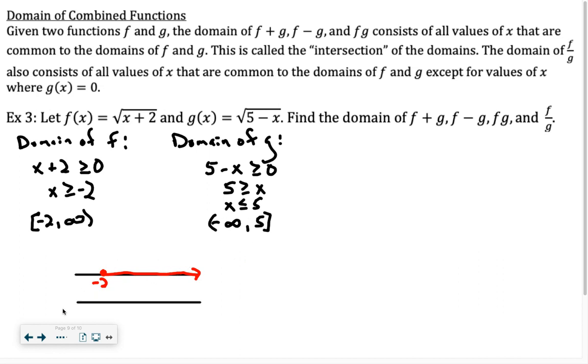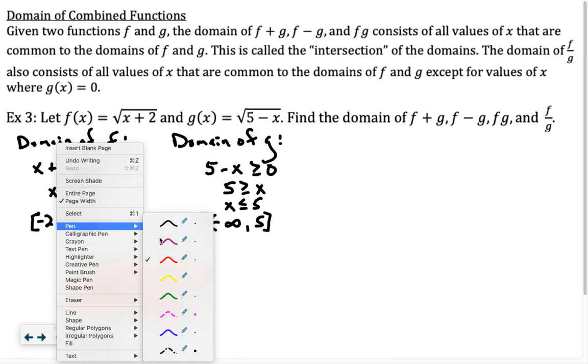Here, I'm saying I'm going from negative infinity up to positive 5, and I stop there. The only part that is common to both of those domains is just this section right here, from negative 2 to positive 5, right? That's the intersection. That's the part that's common to both of those domains.